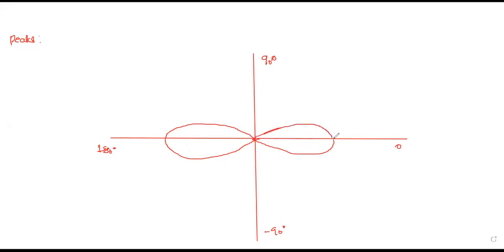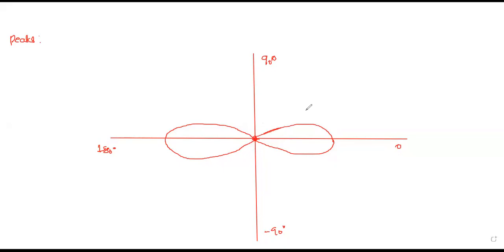Now after this, what is the next step for drawing? Which one you have to draw? Null or side lobe direction in the figure? Side lobe, ma'am. See, before a major lobe and a side lobe, you need nulls. So first you have to draw the null direction.